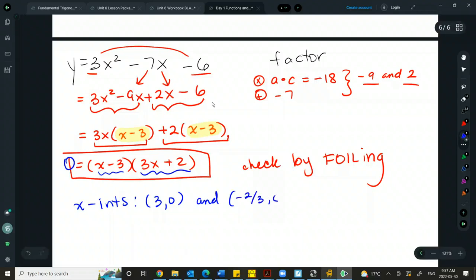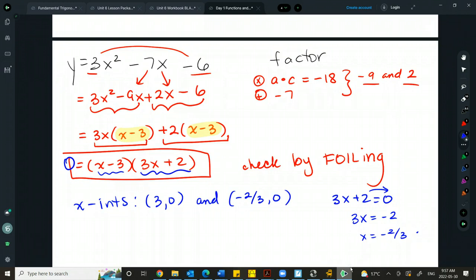Negative 2 over 3, correct. Quick way to do this, switch the sign and do this number over this number. If you're not entirely sure, you set that expression in the bracket equal to 0, and just isolate for x. So then you'll divide out 3, and you'll get negative 2 over 3. And then you'll have your x-intercepts.